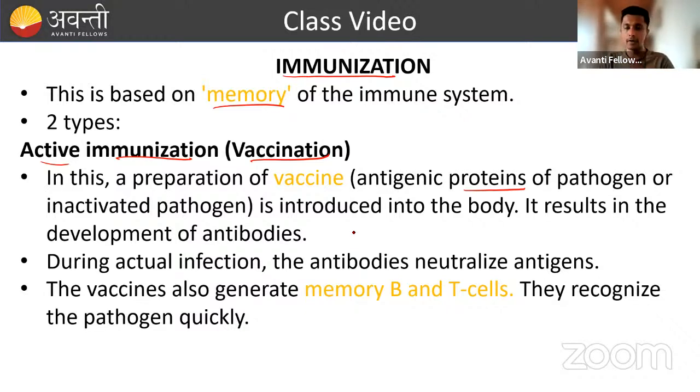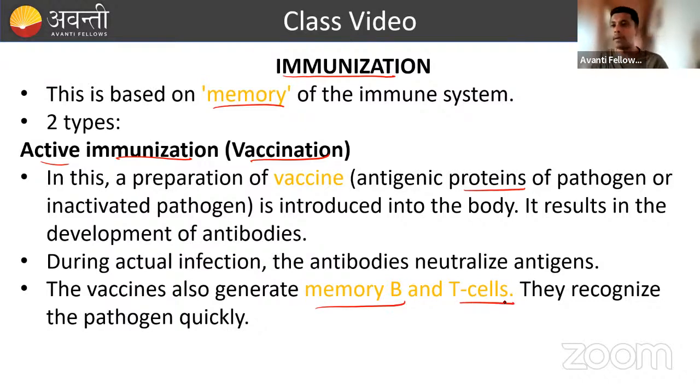Once we have taken this, our body will go through a primary response, and booster doses will give us secondary responses. As our body is introduced to this pathogen, it will be able to generate two important types of cells. One is memory B cells, and the other is T cells.